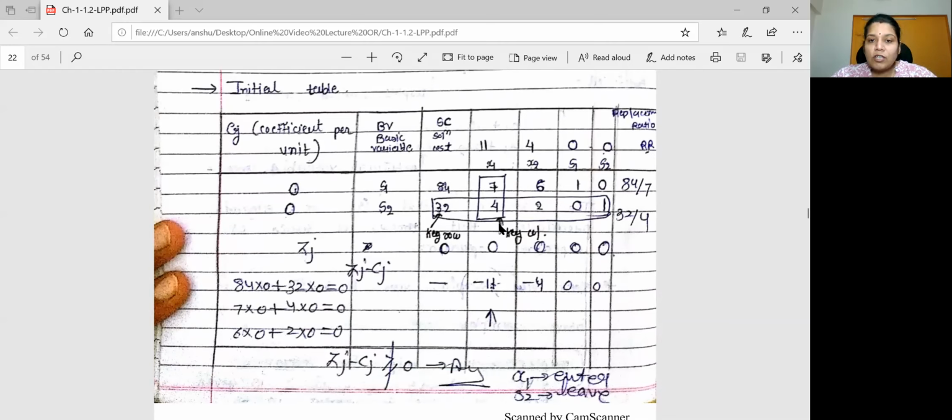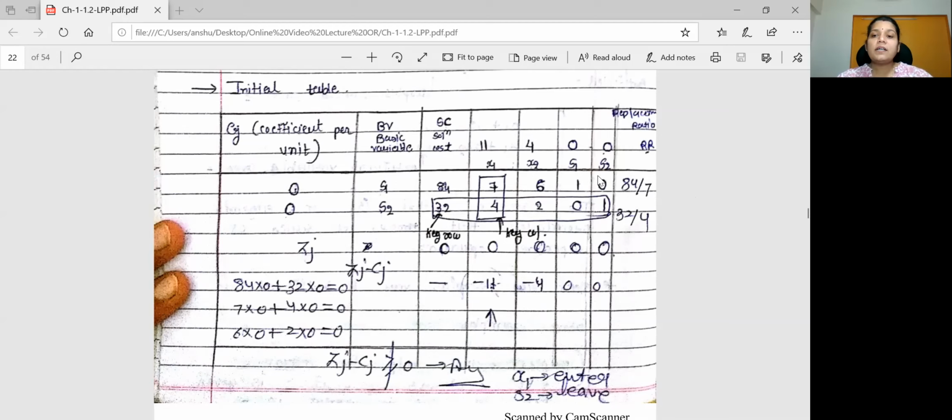In this column, the x1 variable is entered, so highlight these values, and this is our key column. So find the replacement ratio. We write solution constant 84 divided by 7, because this is our key column, and 32 divided by 4. 84 divided by 7 is 12. 32 divided by 4 is 8.